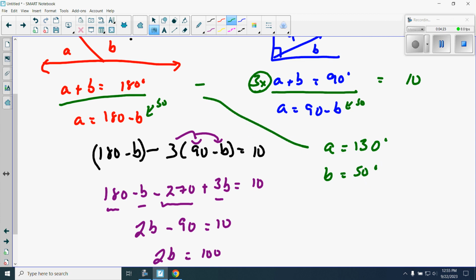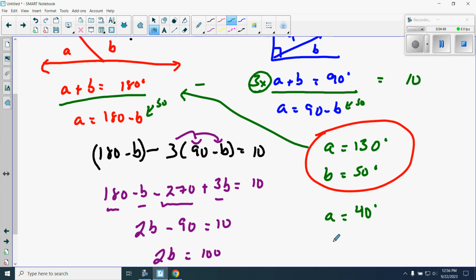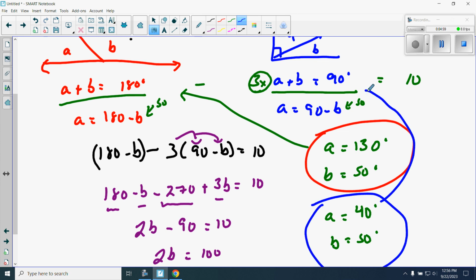That is the answer for the supplement. For the complement, when we plug this in, B is now 50, take away 90, I'm sorry, the other way around. We get 40 degrees. So if B is 50 degrees, then A is 40 degrees, and that is my answer for the complement.